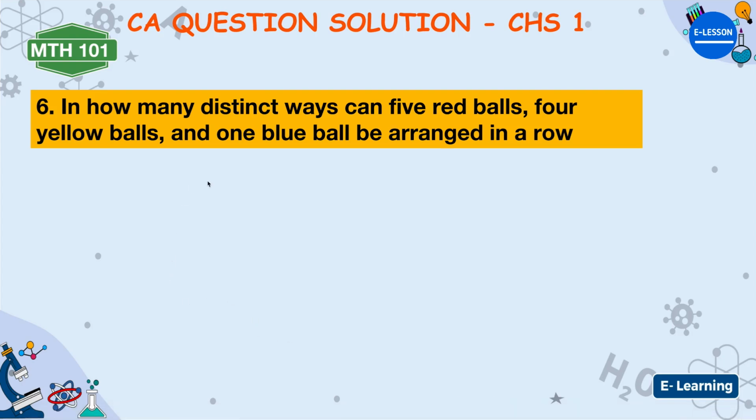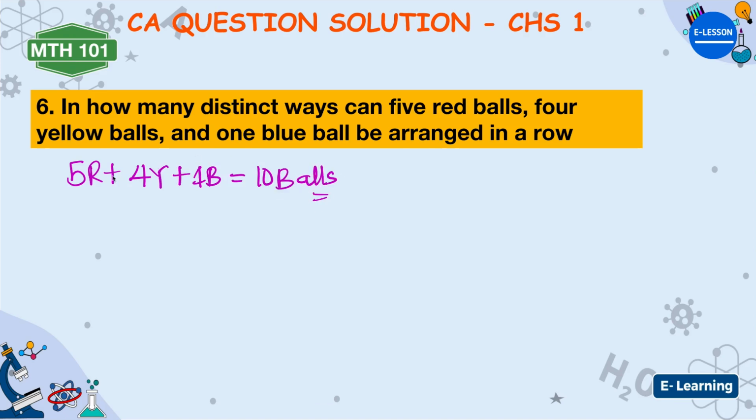Now, next question says, in how many distinct ways can 5 red balls, 4 yellow balls, and 1 blue ball be arranged in a row? 5 red, 4 yellow, 1 blue. Total number of balls is how many? 10 balls.